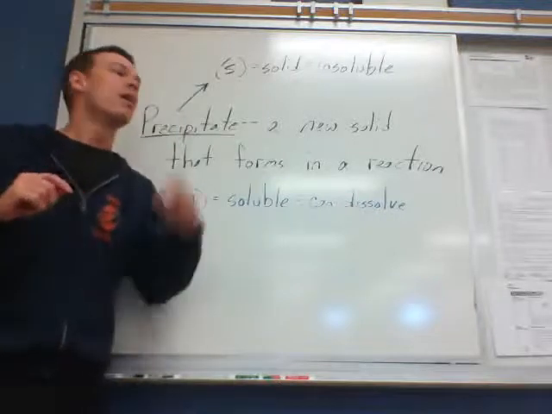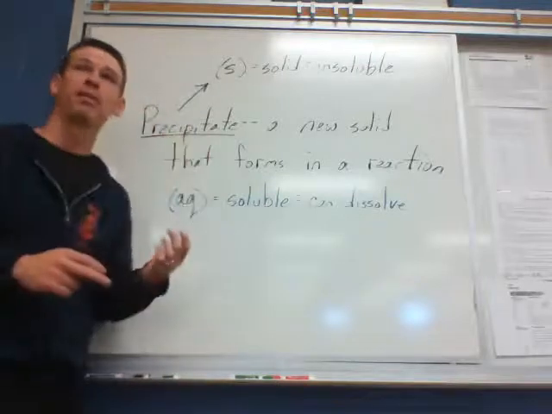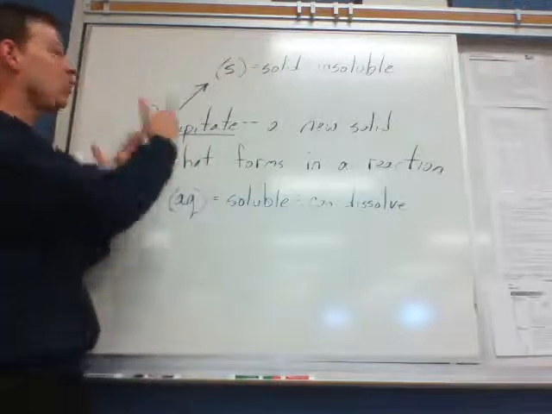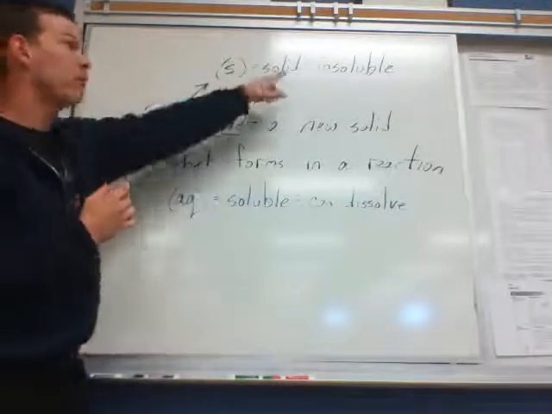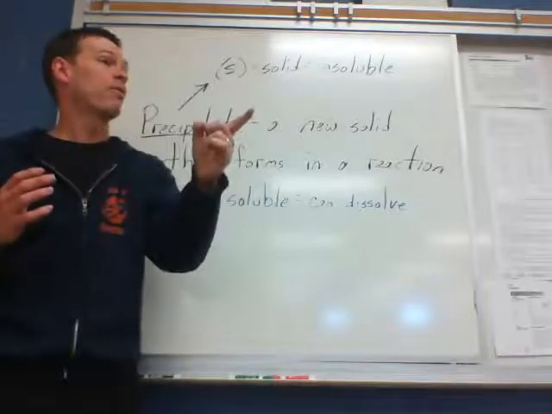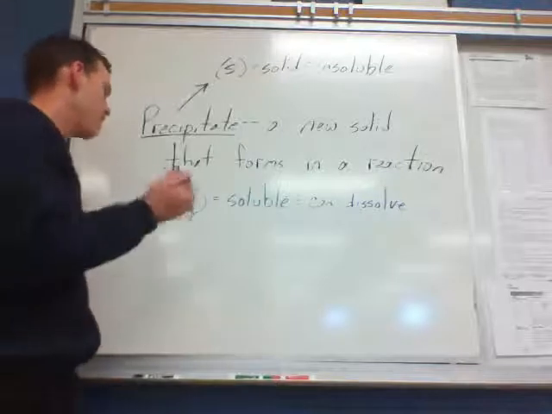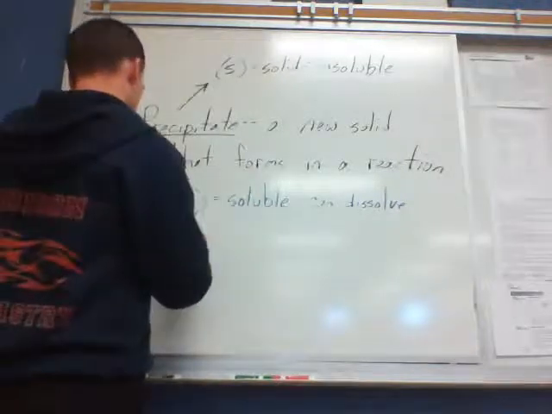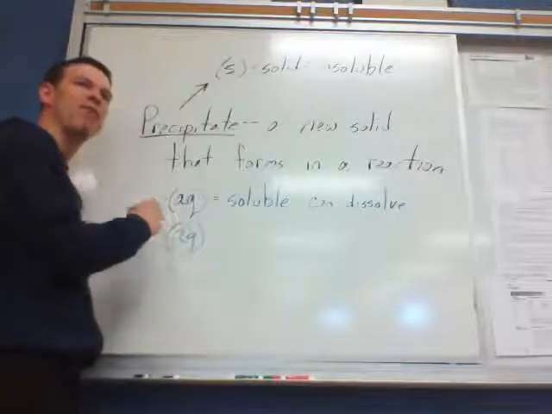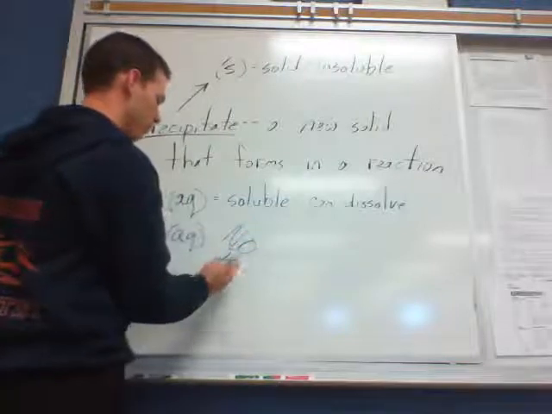One other thing. By definition, a precipitation reaction has to have a precipitate. All right, it's kind of in the name. In other words, in order for this new type of reaction to take place, we have to form a solid. That has to happen. If, when we predict our products in a moment, both of them appear to be aqueous, if we have two aqueous products instead of one of them being solid, then no reaction will form.